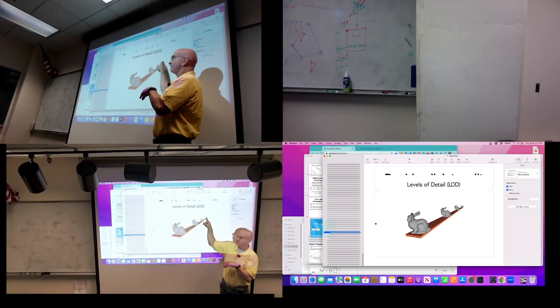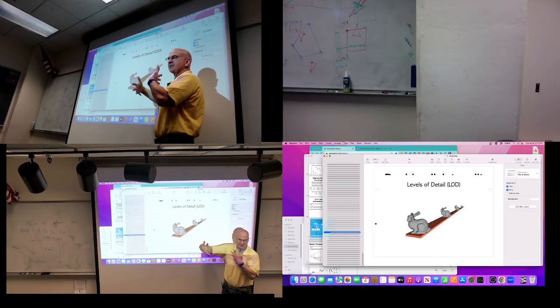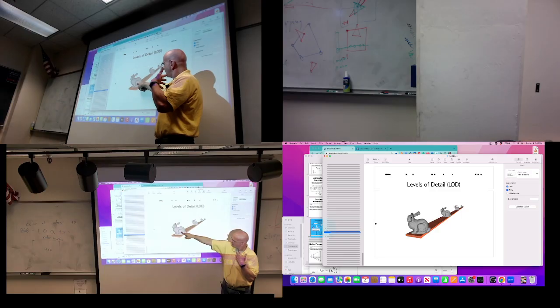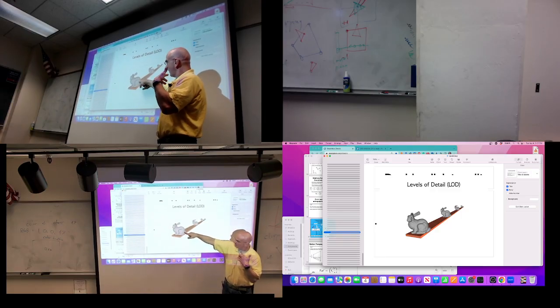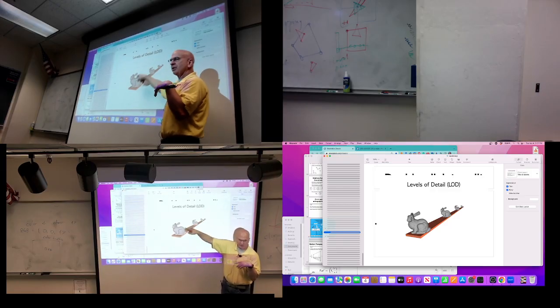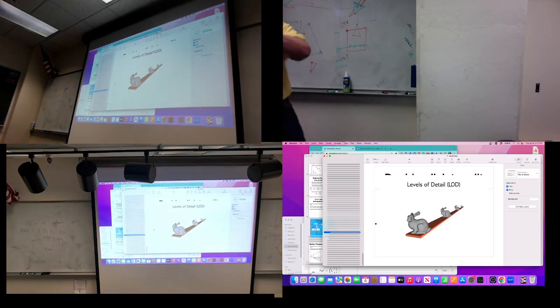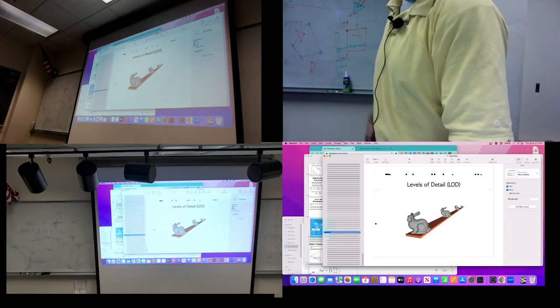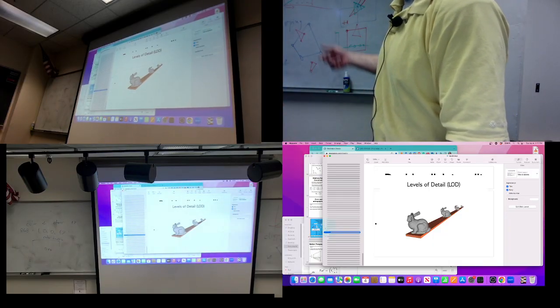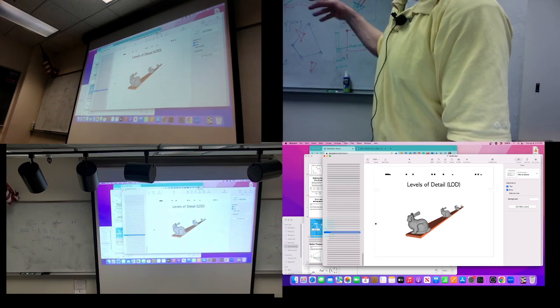Does it take a lot of memory, the fact that I store the same thing several times? Not really, because if I store this one, then this plus this plus this adds only 1 plus half of this plus quarter of this plus 1/8 of this. It all sums up to at most a factor of 2, and it's much, much quicker rendering when the bunny is, of course, far away.